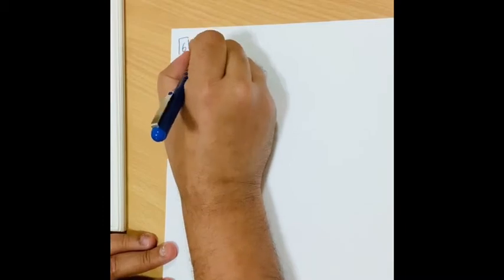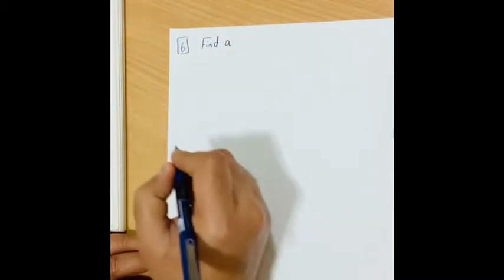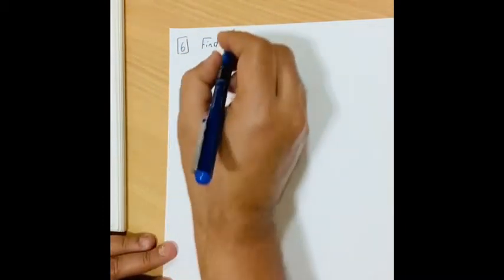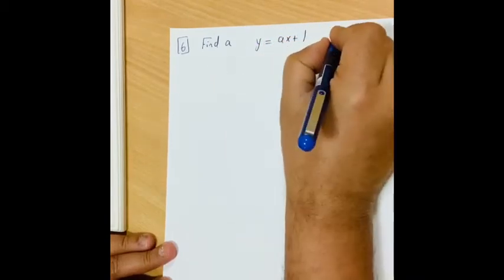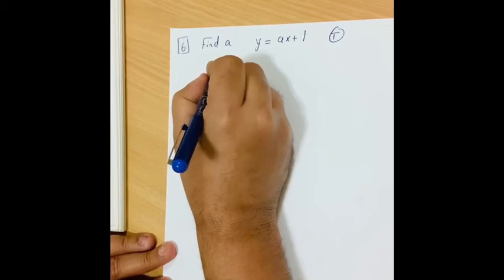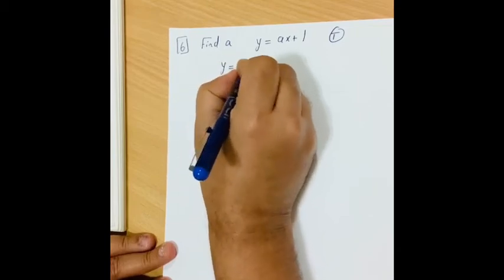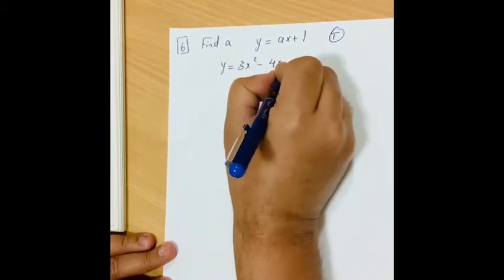Question number 6. Basically questions 6 and 7 have the same idea. Find the possible values of A for which y equals ax plus 1 is a tangent to the curve y equals 3x squared minus 4x plus 4.